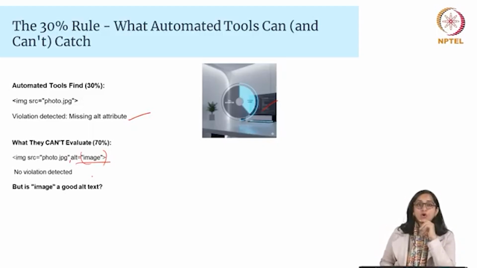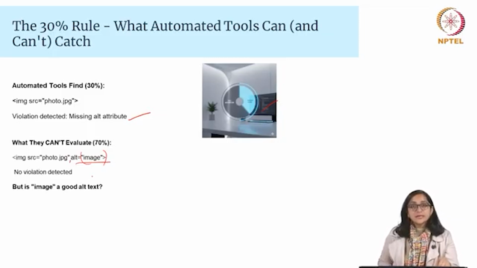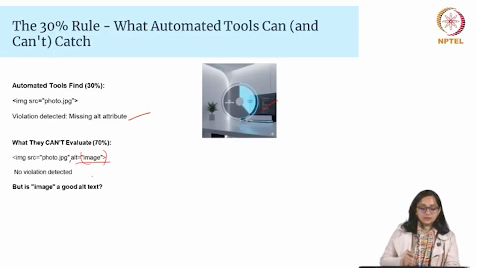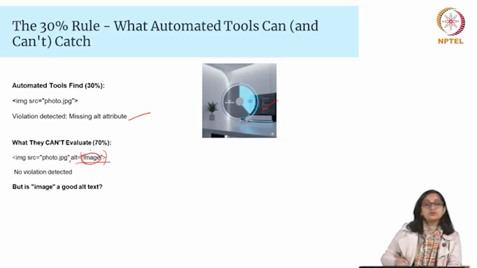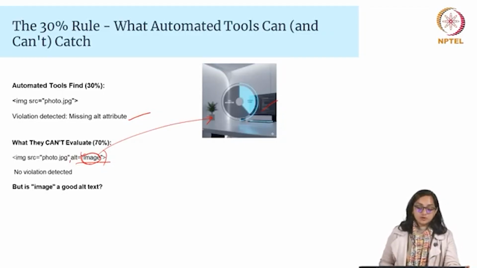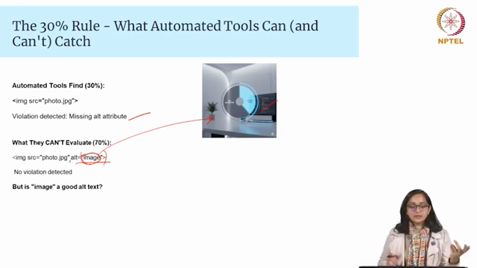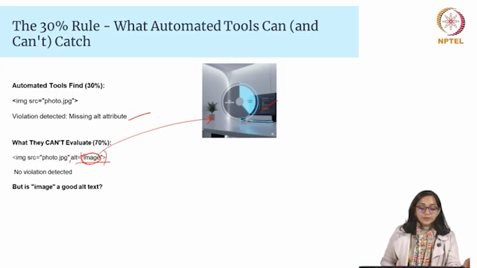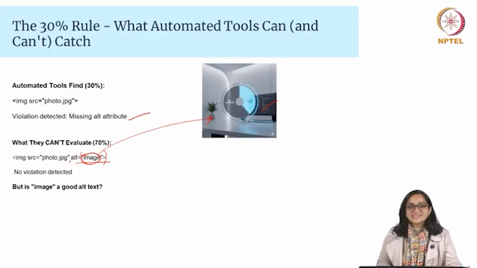The automated tool, till now, is not able to understand or semantically link what is inside the quote, so basically the word image along with the semantic value of that image. That would help you understand whether it's the right alt text or not. But the automated tool will not detect any violation in this case.